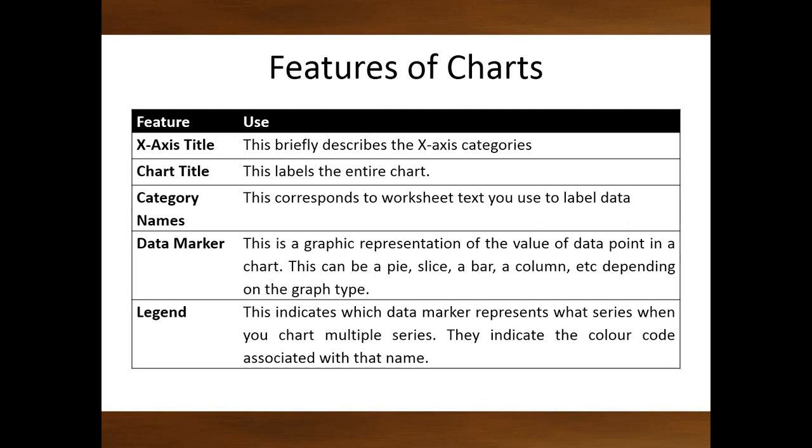That is, pictorially, the data marker. And we say this can be a pie slice, a bar, a column, and so on and so forth, as it depends on the graph type.